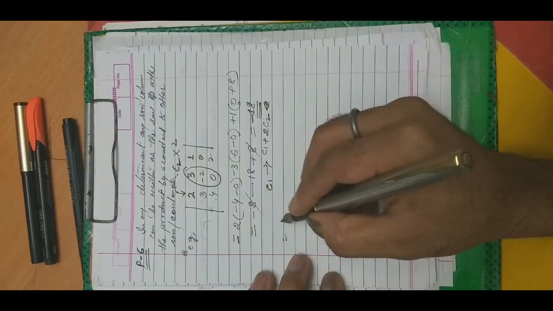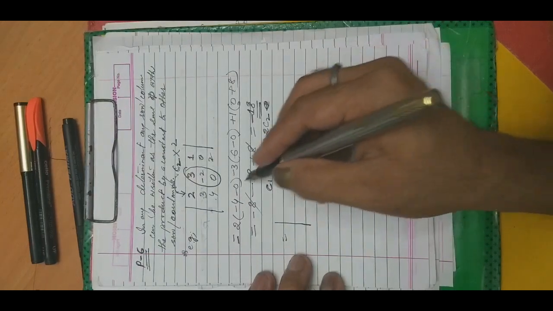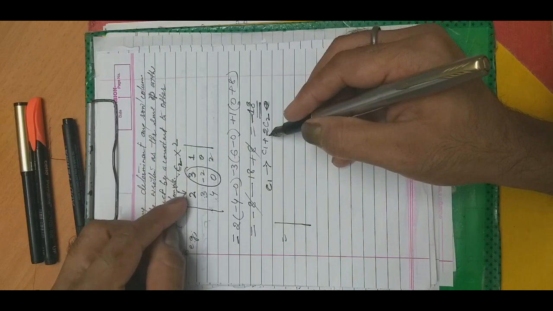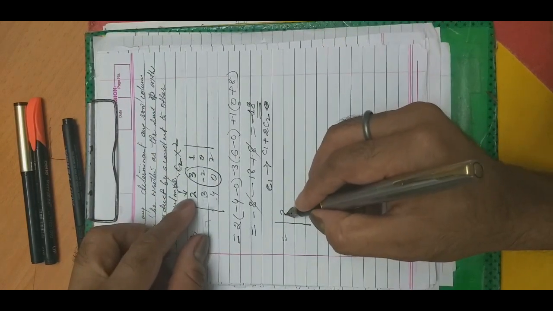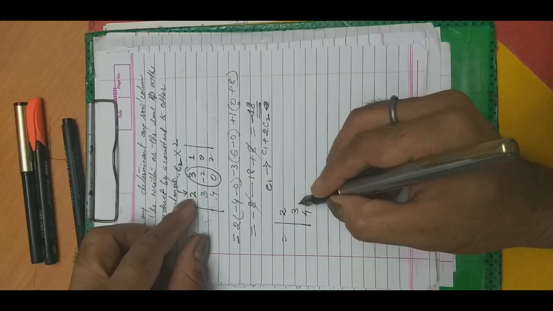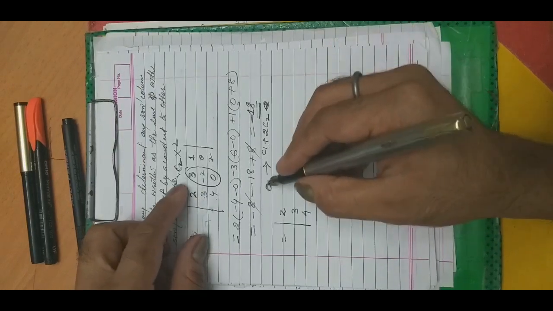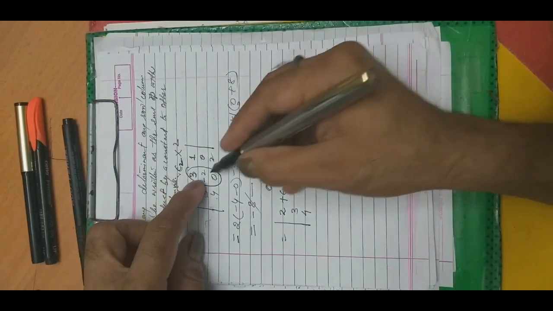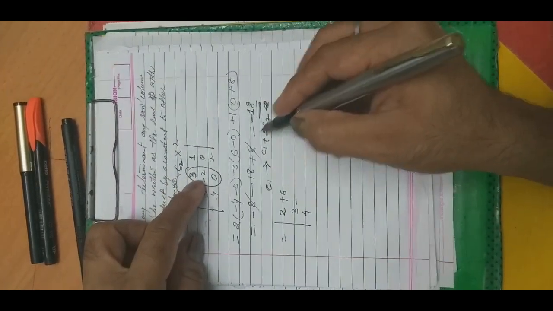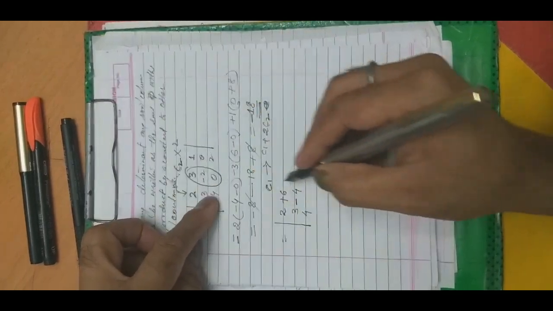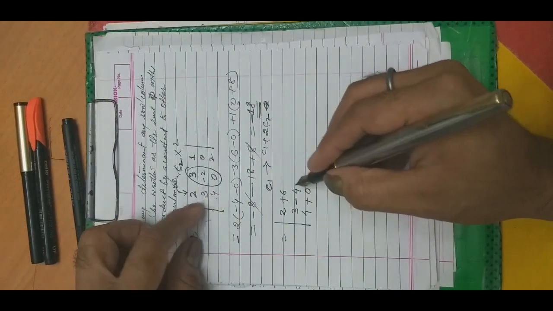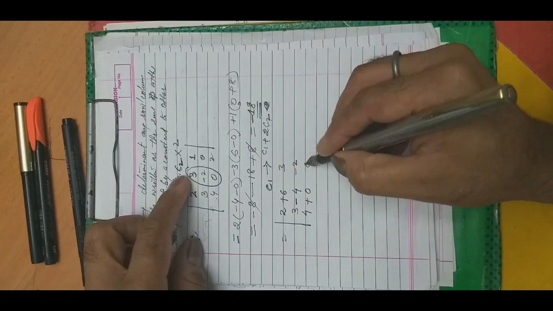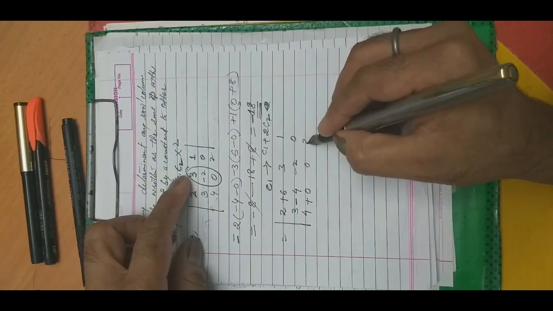So this determinant will be written with C1 as C1 plus twice of C2. First of all, I write this as it is, 2, 3, 4, and then 3 2s are 6 plus 6, then minus 2 2s are 4, and here plus 0 into 2, 0, and the rest will remain the same: 3, minus 2, 0, 1, 0, 2.